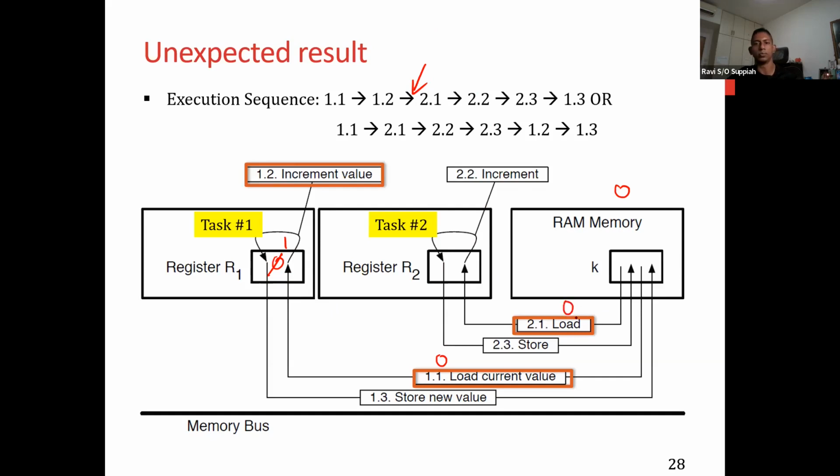It's still 0. Then I increment, and it becomes 1, and then I switch back again. So 1.3 right back means this one will become a 1, and then finally 2.3. When 2.3 does its write back, the task 2 value written is still a 1.